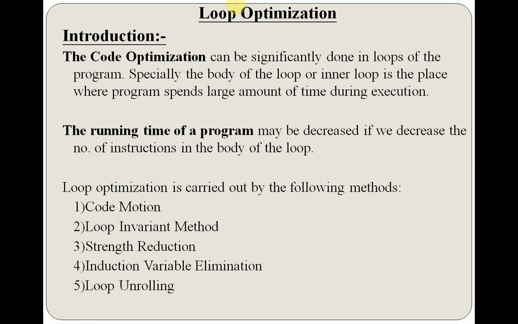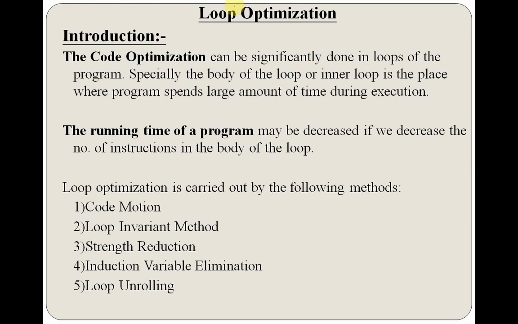Code optimization is a process of improving the program code, so that better target code will be produced, or the efficiency of the target code will be increased.